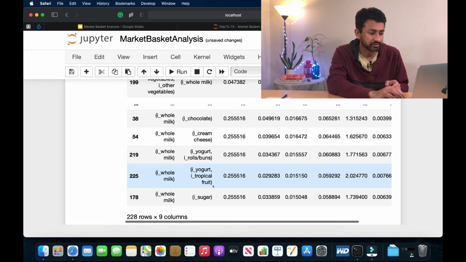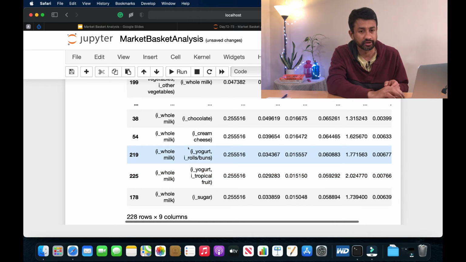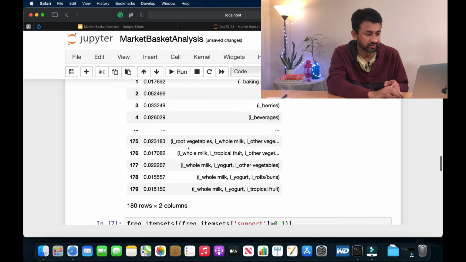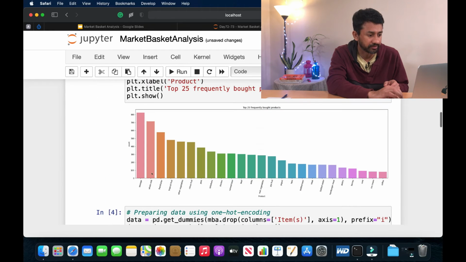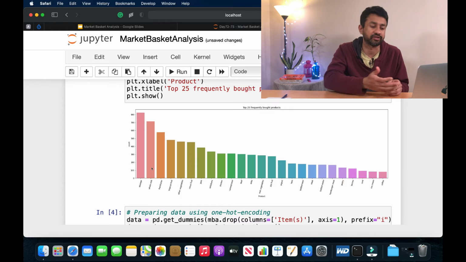So these are all various combinations or rules present in the data set. One thing that maybe can be improved in this particular problem is that, on the top, we can see that sausage as well as whole milk are very, very popular in the entire data set. They appear in many transactions.